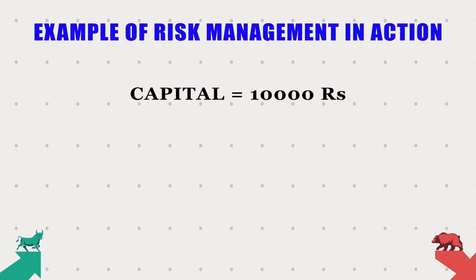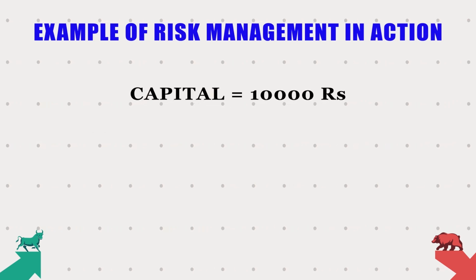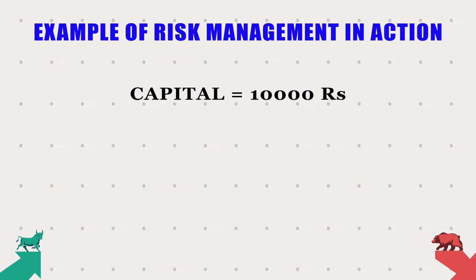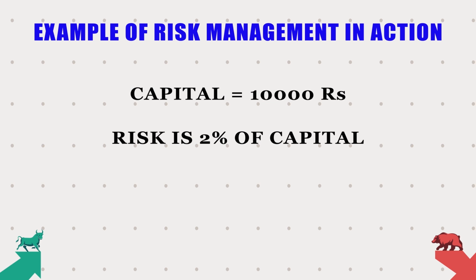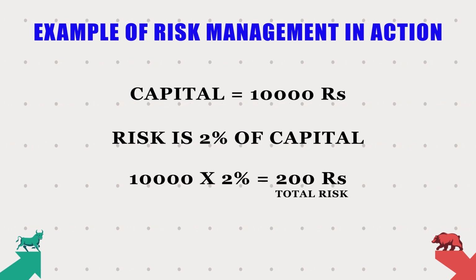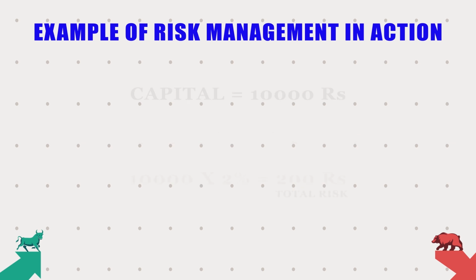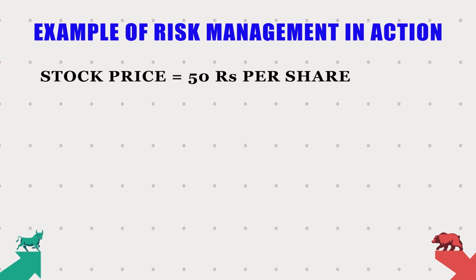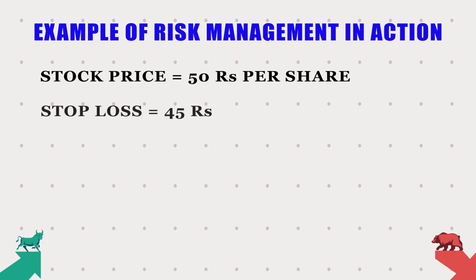You have a 10,000 trading account and you decide to use the 2% rule. This means you never risk more than 2% of your capital on a single trade. So your maximum risk on any trade is 200. Now, you're eyeing a stock priced at 50 per share and you set your stop loss at 45. That means you're willing to risk 5 per share.